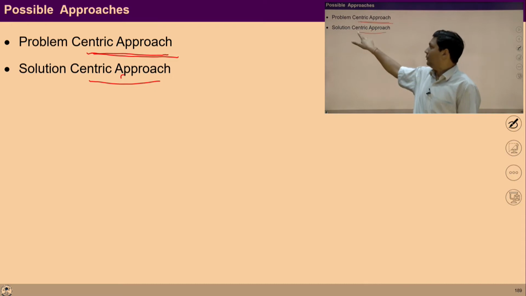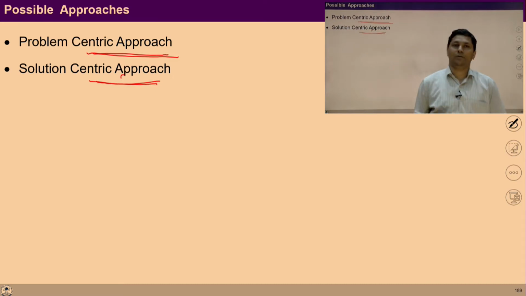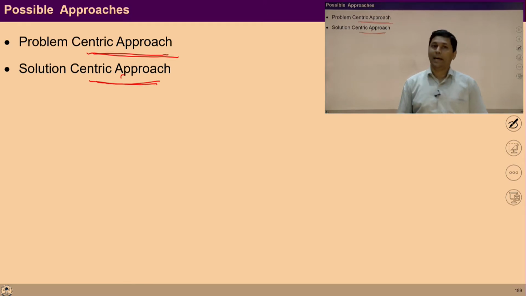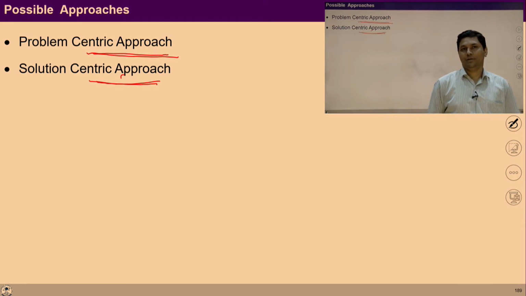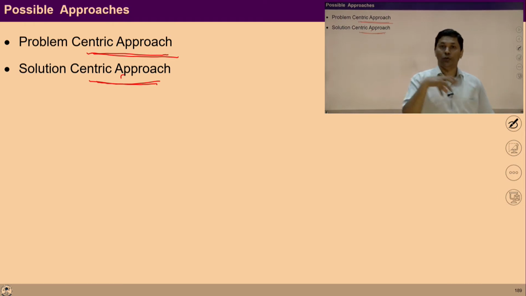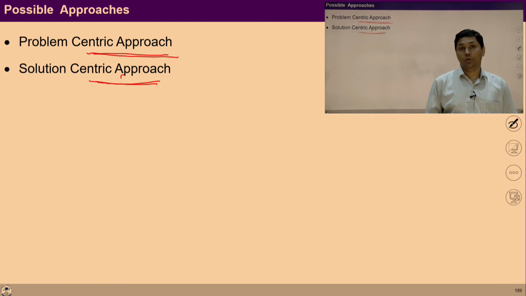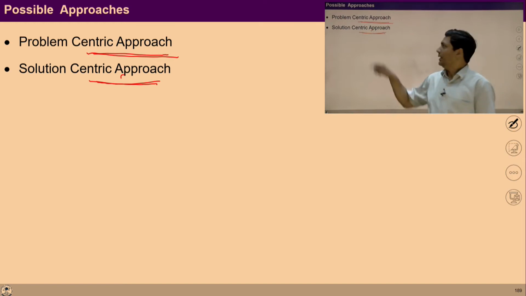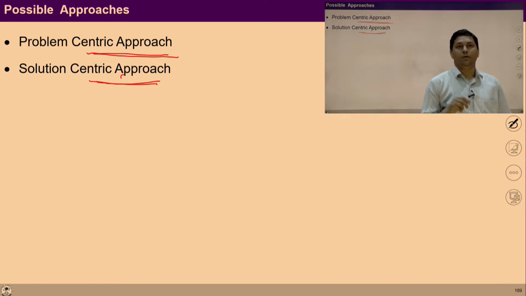But in the second approach, the solution-centric approach, we are contemplating the solution and we are seeing the problem in the absence of the solution. So in the solution-centric approach, we have the holistic solution in the center. In the problem-centric approach, we are only focusing on the problem.